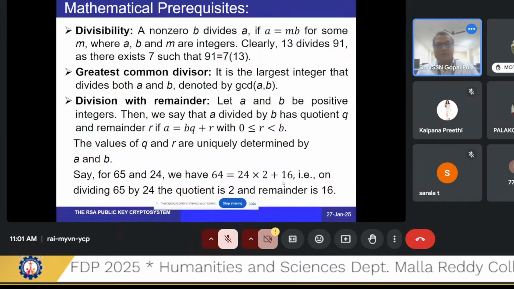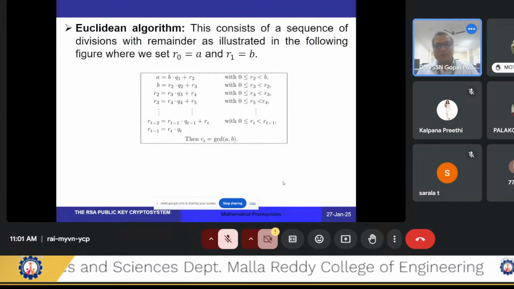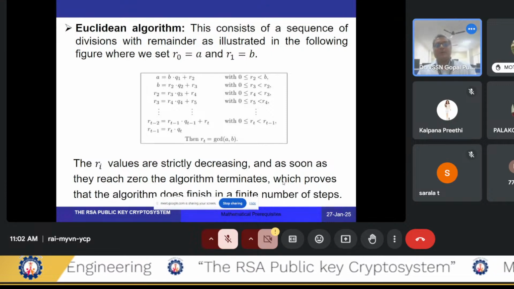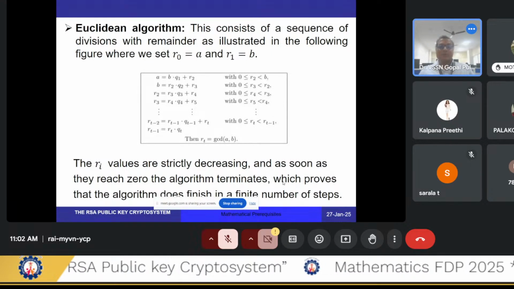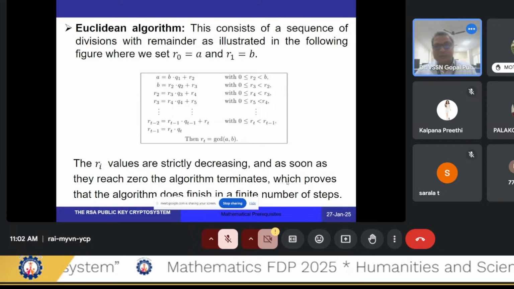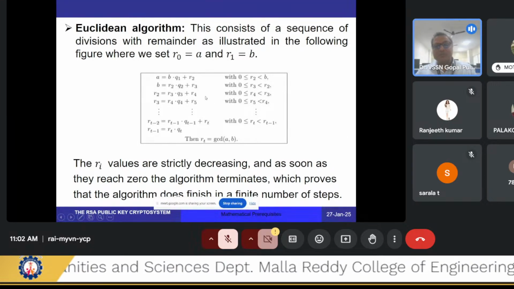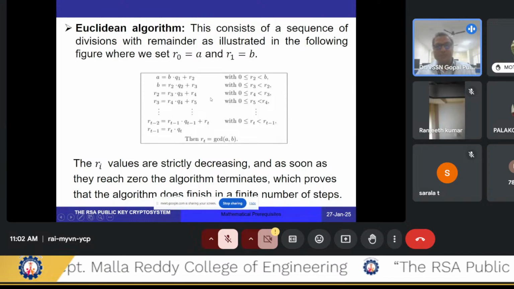Let us move on to the very important Euclidean algorithm. This slide shows how to find the GCD of two given integers a and b.